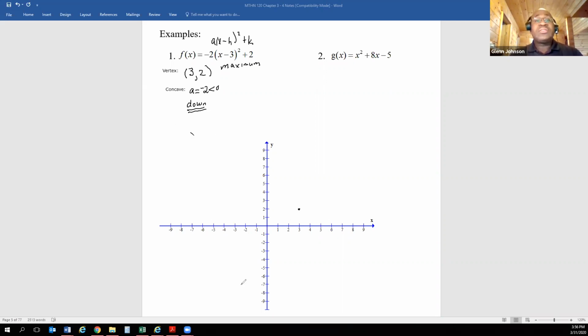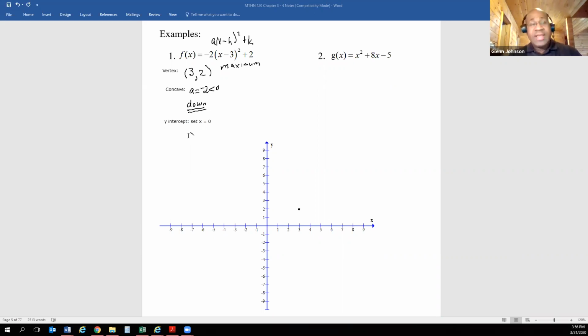All right, so now to find the x-intercept, or we'll start with the y-intercept first, because that'll actually be a little bit easier for us to find. For the y-intercept, we set x equal to 0.